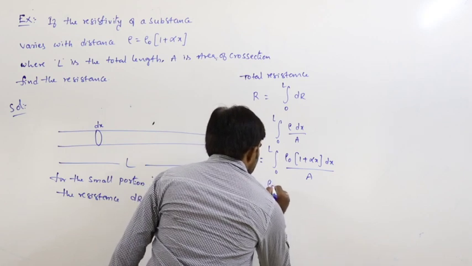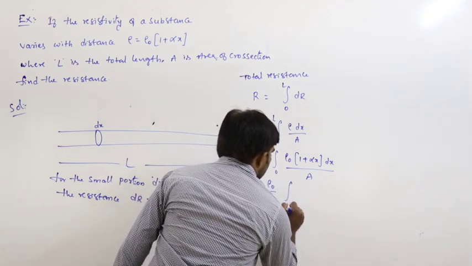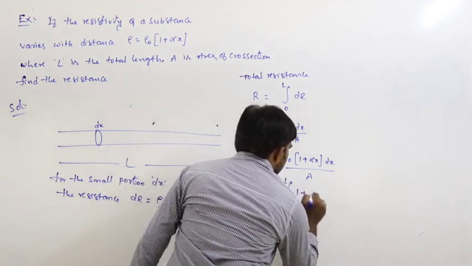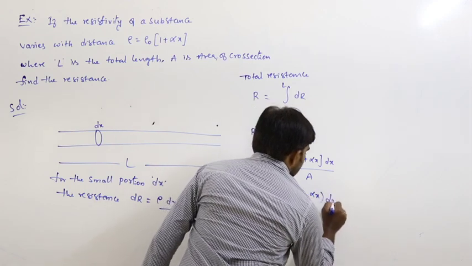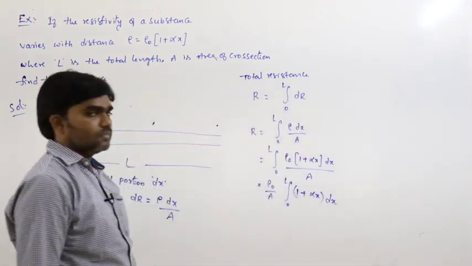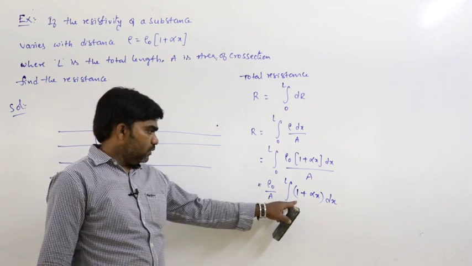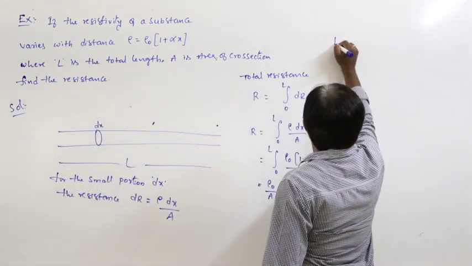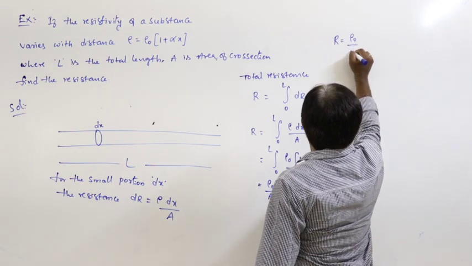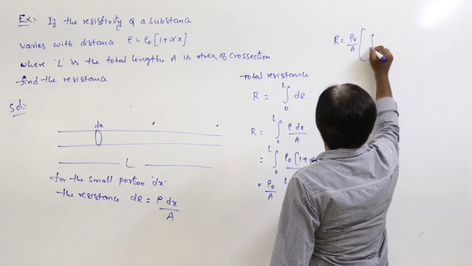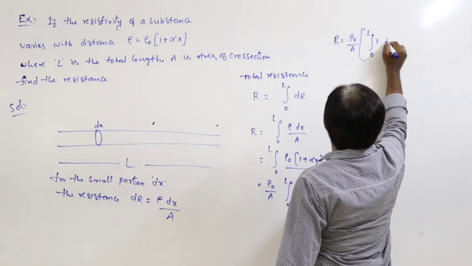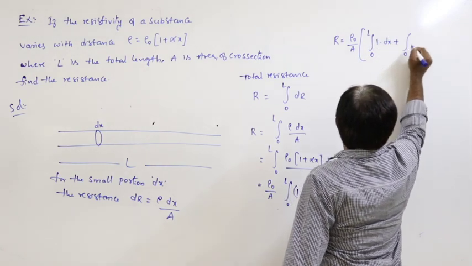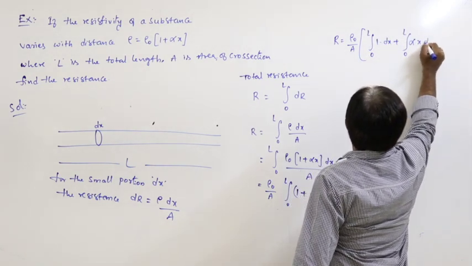So here we can write it as rho naught by A into integral from 0 to L of 1 plus alpha x dx. Therefore the resistance can be written as rho naught by A into integral from 0 to L of 1 into dx plus integral from 0 to L of alpha x dx.